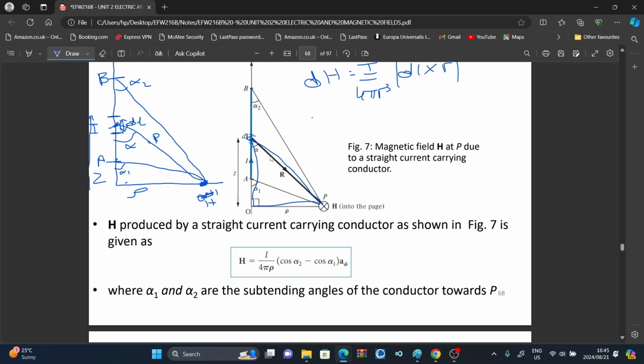So therefore our R squared will be phi squared plus z squared, so that's simple Pythagoras.